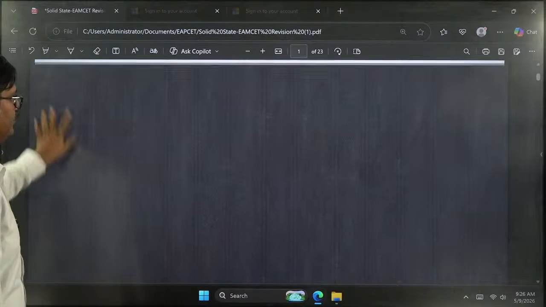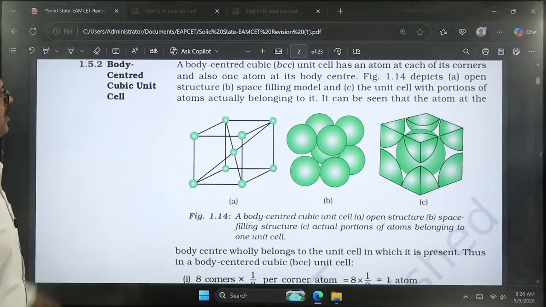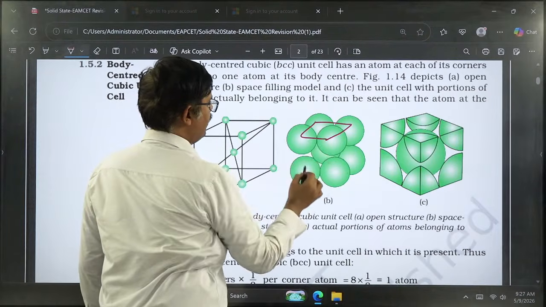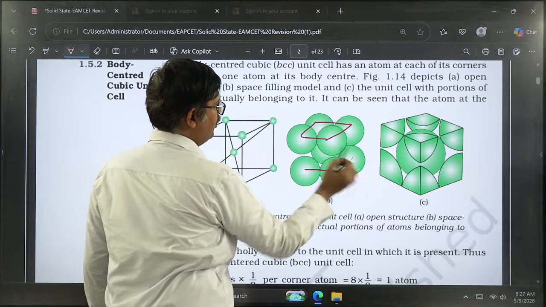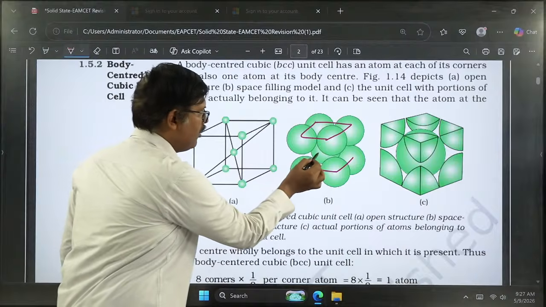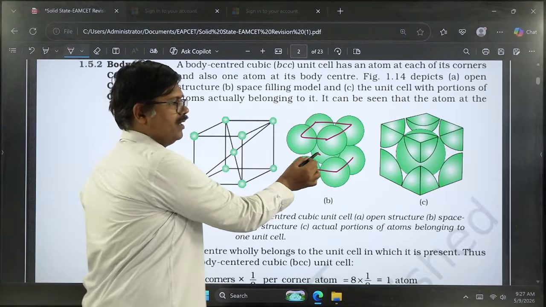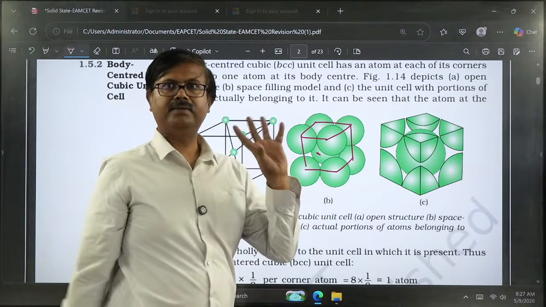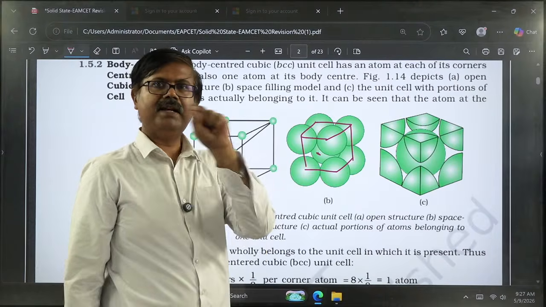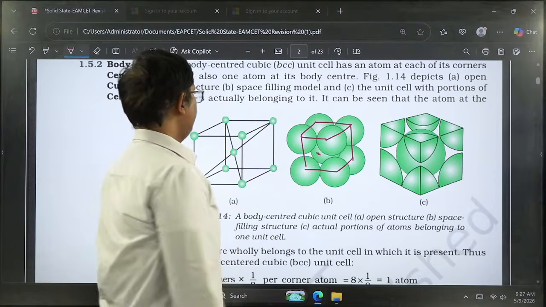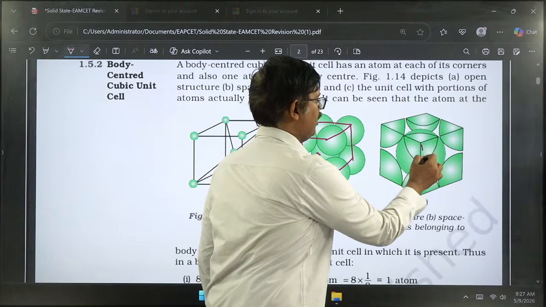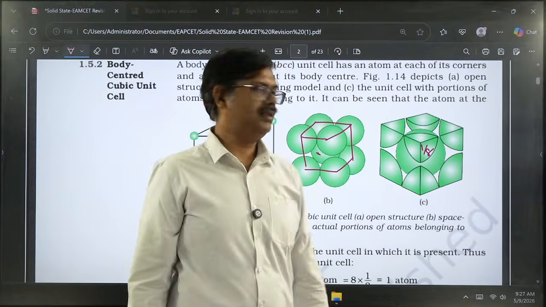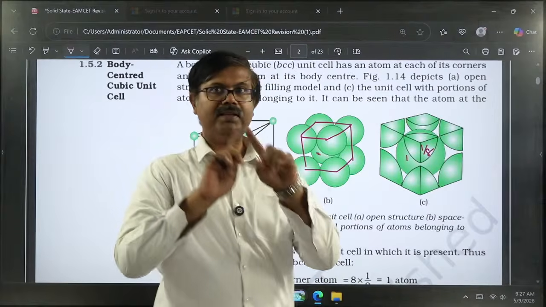Next, body centered cubic. In body centered cubic also, there are 4 corners above, similarly 4 corners below, and at the center of the body, can you see this one? This is the center of the body. So there are 8 corners occupied by atoms plus the center of the body. For 8 corners we know the contribution of each corner is 1 by 8. The center of the body is completely present within the cube.